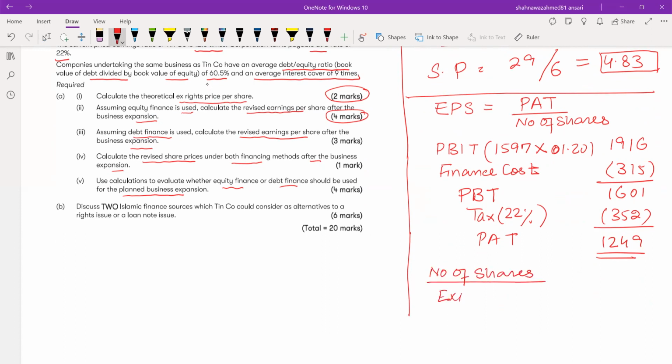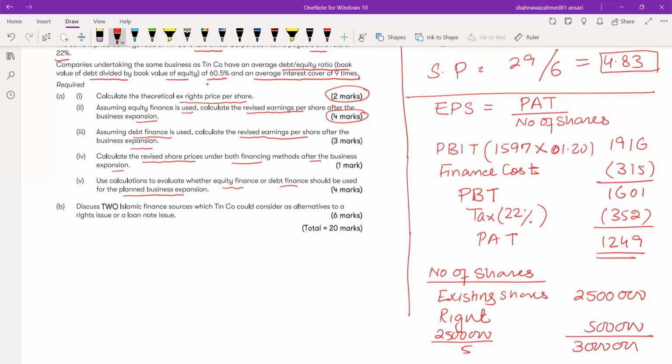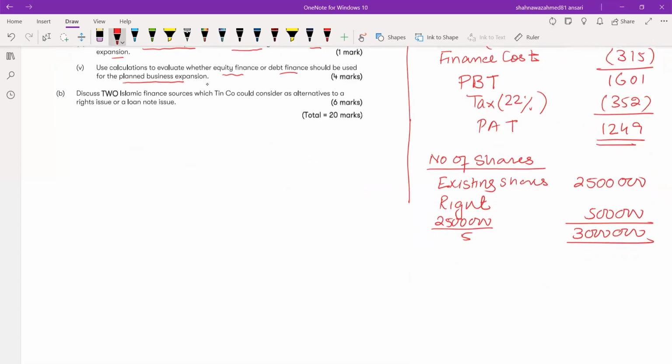Now we need to calculate the number of shares after expansion. First of all, identify existing shares, and existing shares are 2.5 million. Right shares 1:5. That means 2.5 million divided by 5. So it's 500,000. And total number of shares is now 3 million or 3,000. Now EPS is profit after tax 1249 and number of shares is 3,000.